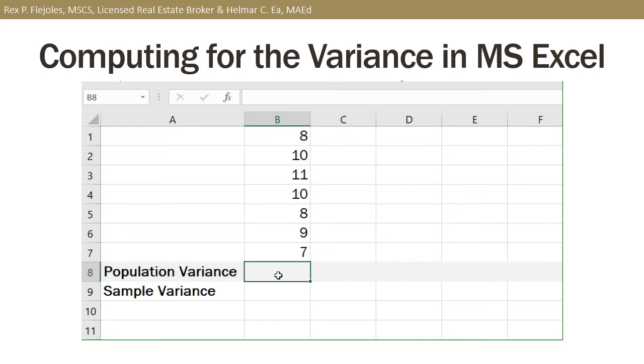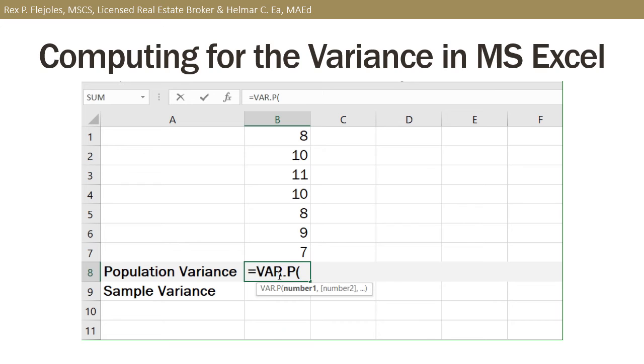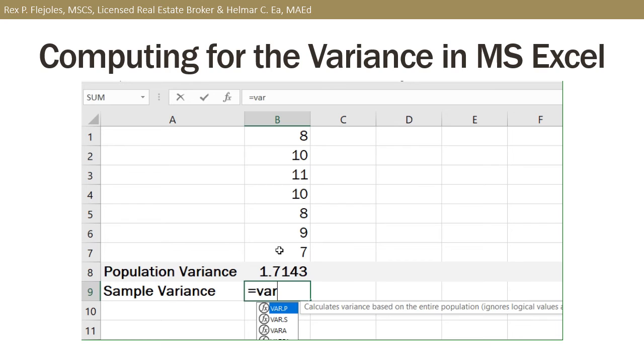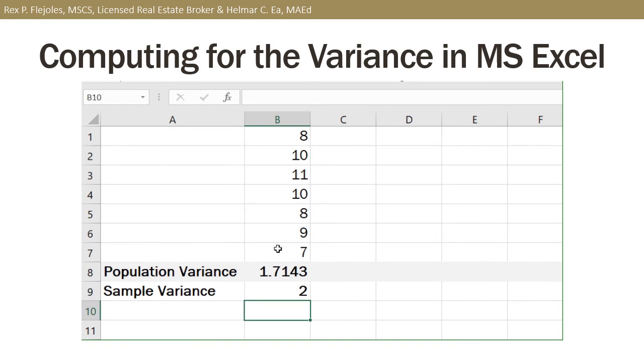So for the population variance, we make use of the function var.p. Then we enclose this data set and press the enter key. While for the sample, that is var.s, the same data set, and it results to this one.